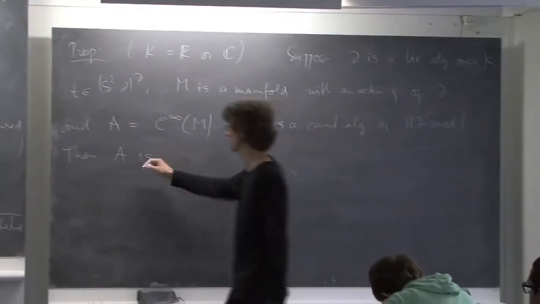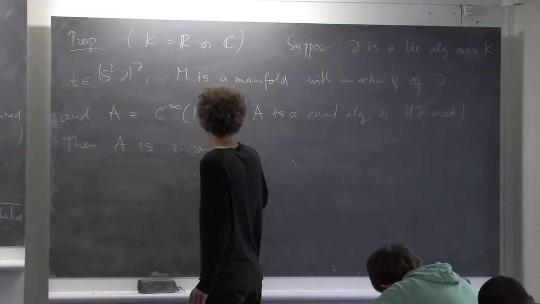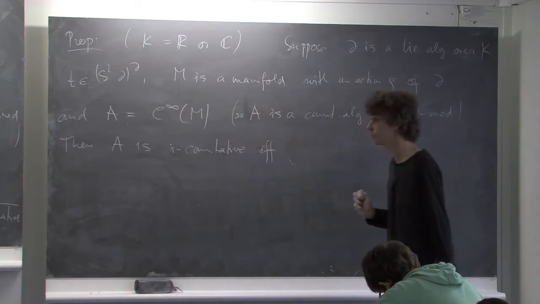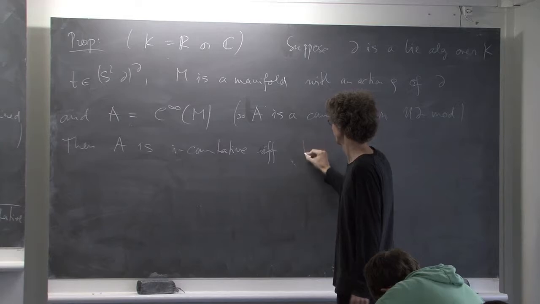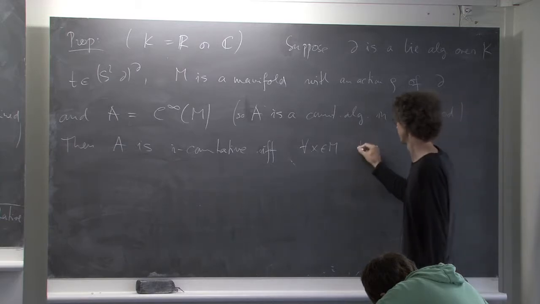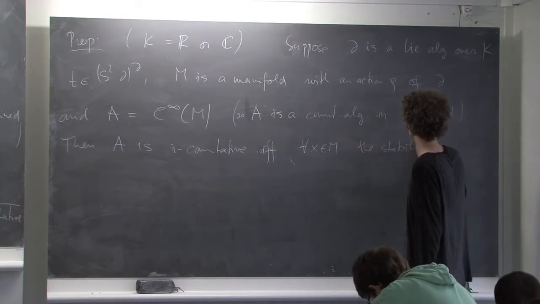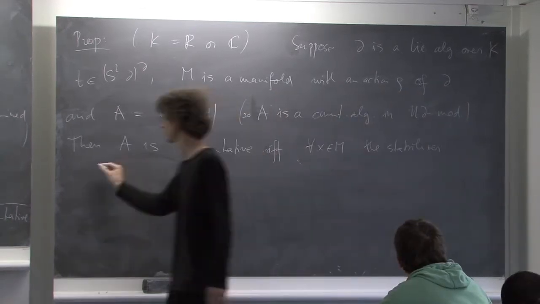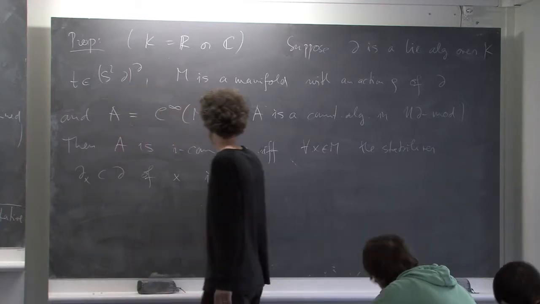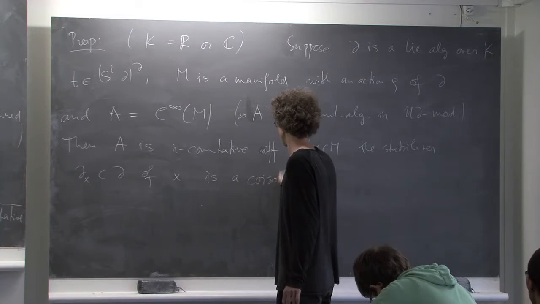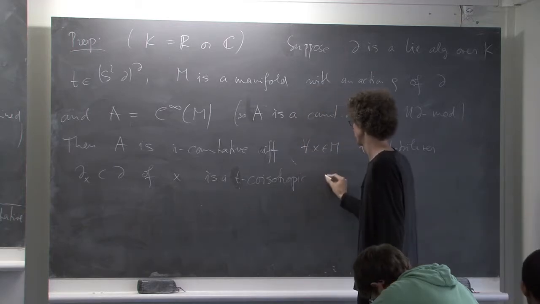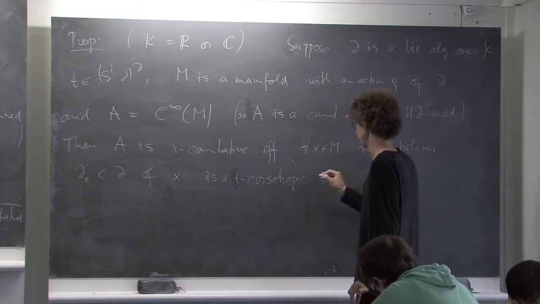Okay, so then A is I-commutative if and only if, for every x in M, the stabilizer of that point, which we call D_x, a part of D, is a coisotropic Lie subalgebra, or such subspace.